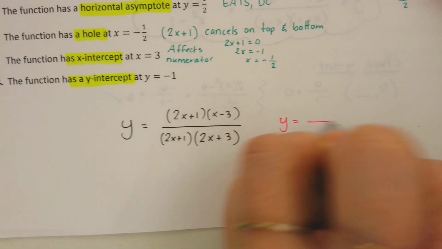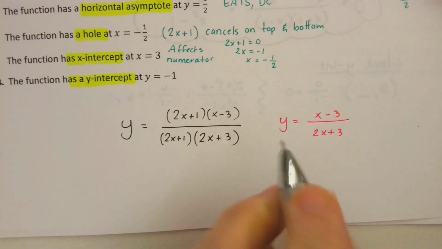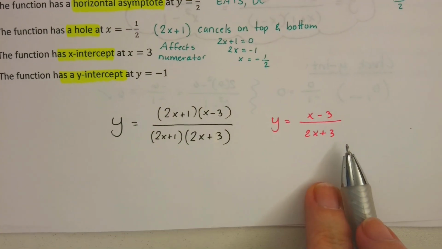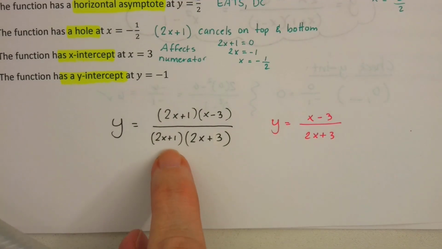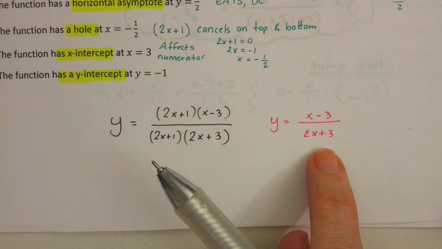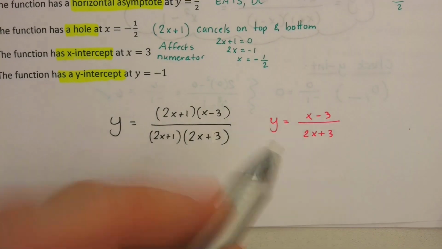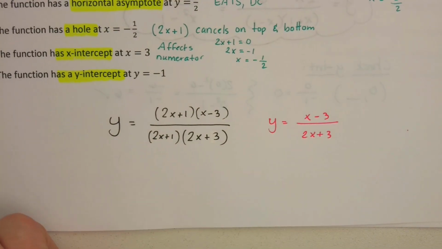Right, we would have just x minus 3 over 2x plus 3. So we need to check if this has the right horizontal asymptote and if this has the right y-intercept. Even though this is the original function, this is what we need to check. Does this have the right horizontal asymptote? Yep, exponents are the same, and you would divide your leading coefficients, giving you a 1 over 2. So the horizontal asymptote's fine the way it is now.